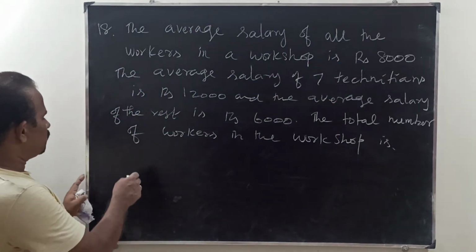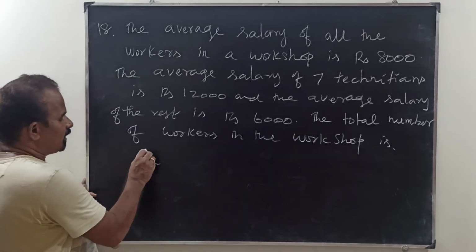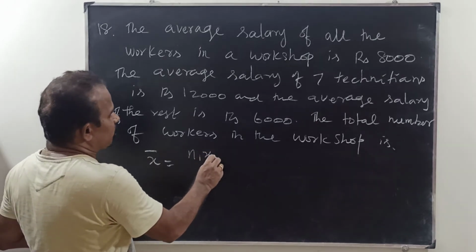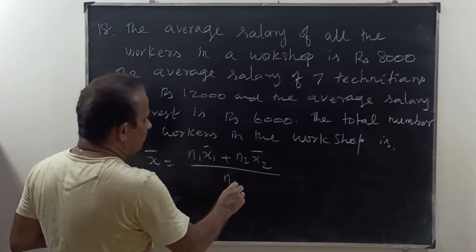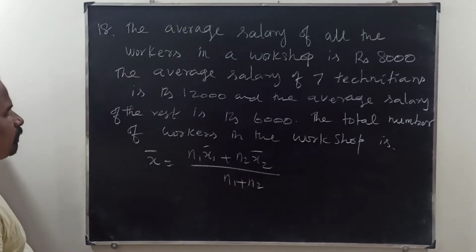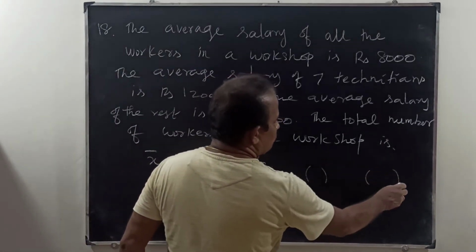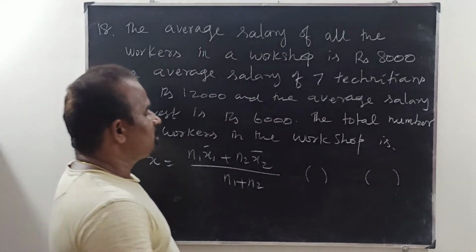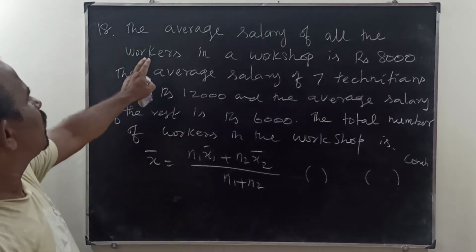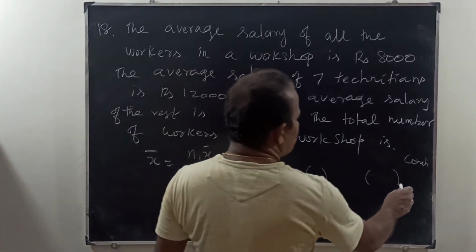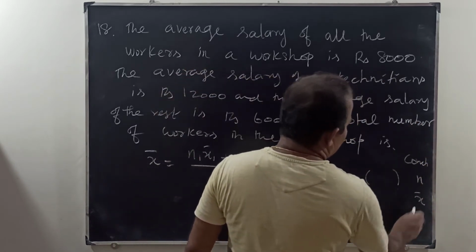So we use the formula for combined mean: x bar is equal to n1 x1 bar plus n2 x2 bar divided by n1 plus n2. This is one group, this is another group, so this is the combined group. The total number of workers we do not know. Total workers is n, and the combined average is x bar.